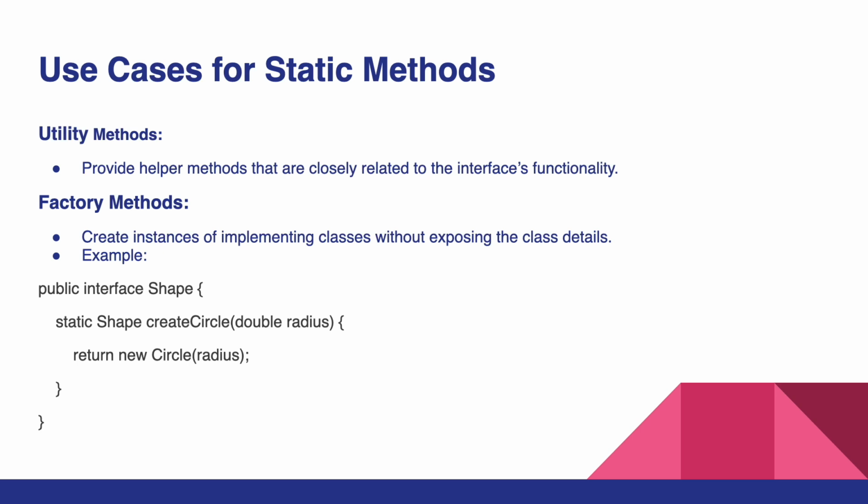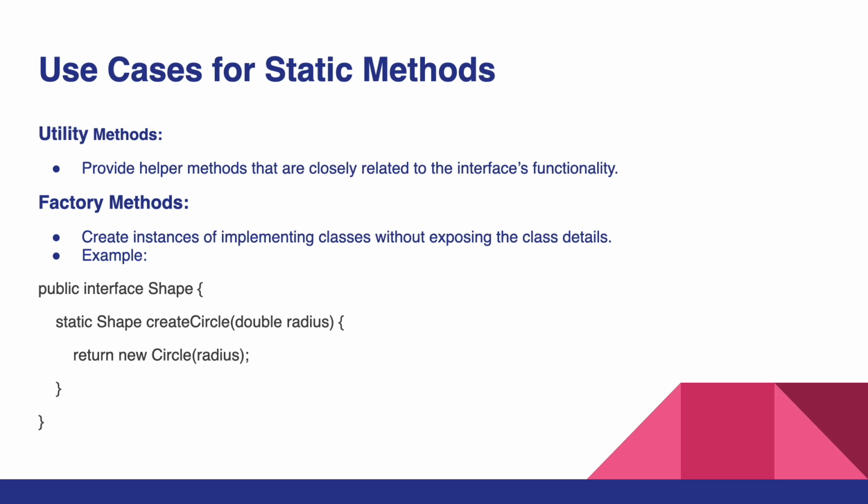Use cases for static methods. Static methods are particularly valuable for utility methods that are logically tied to the interface. For example, they can provide helper functions for working with the interface's type or factory methods that create new instances of implementing classes.